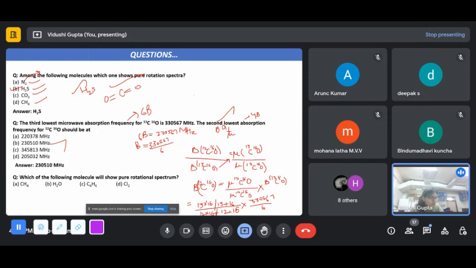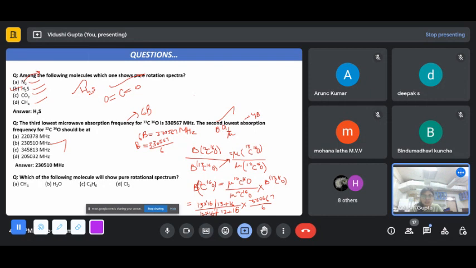Is it clear up to here? B is inversely proportional to reduced mass.